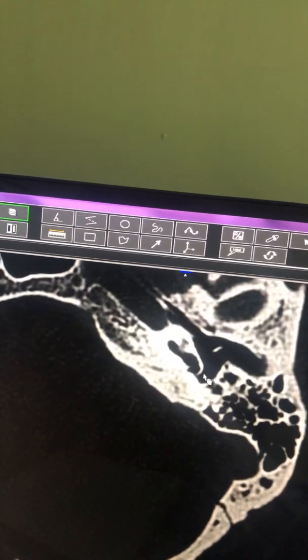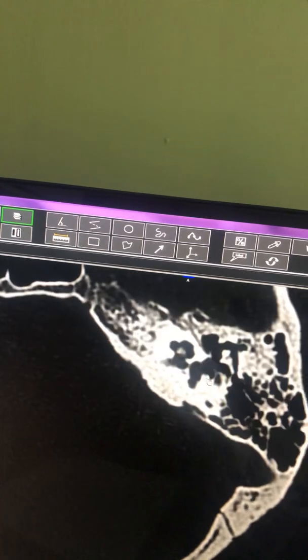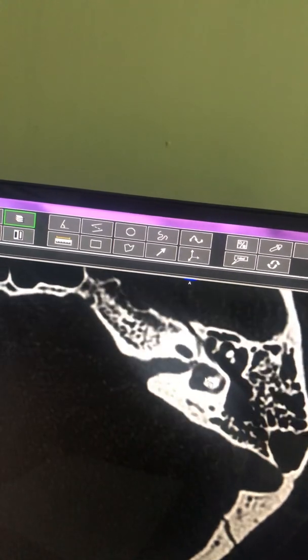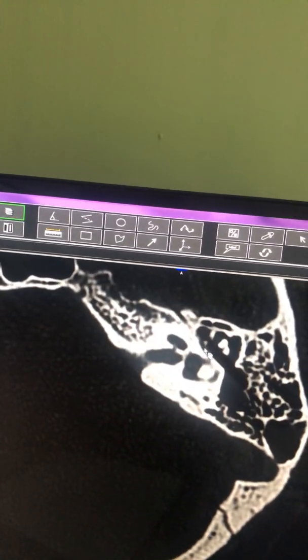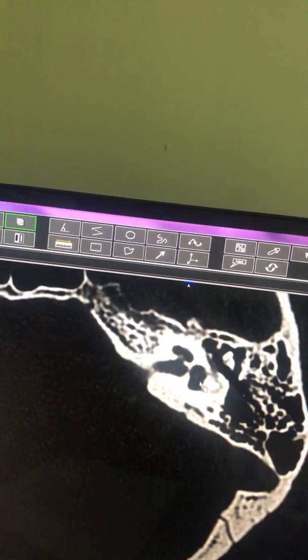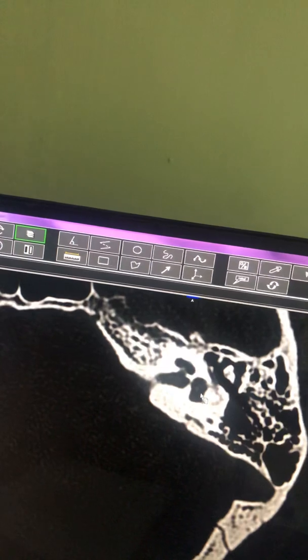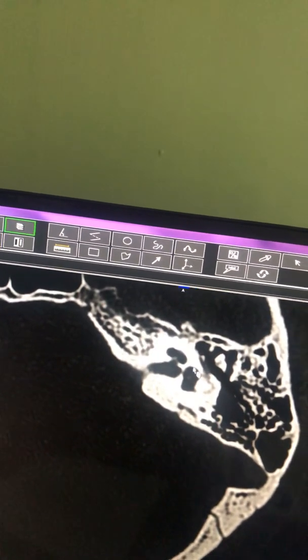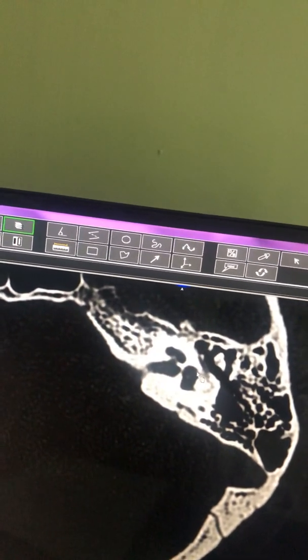Okay, so here you have the pyramidal eminence. So the facial nerve, you can track the facial nerve up to the pyramidal eminence. At the level of pyramidal eminence, you call it the tympanic segment, as it is close to the middle ear or in the middle ear.